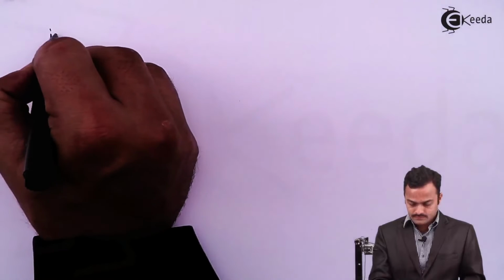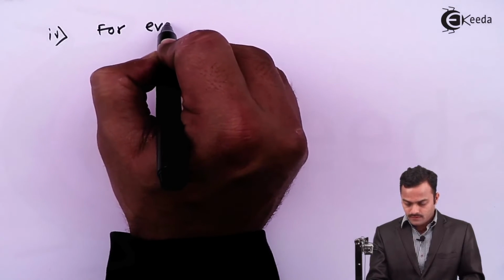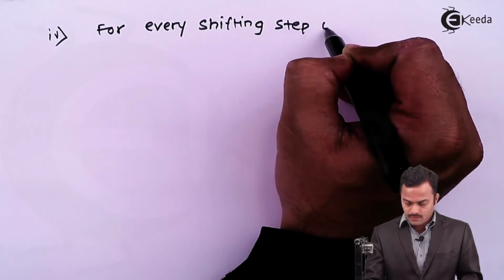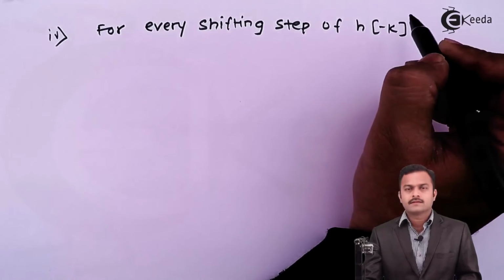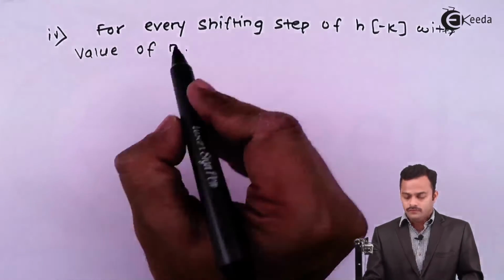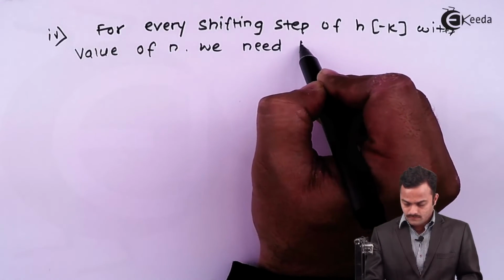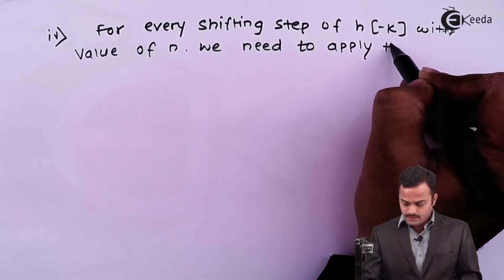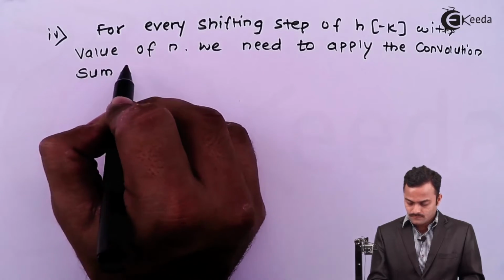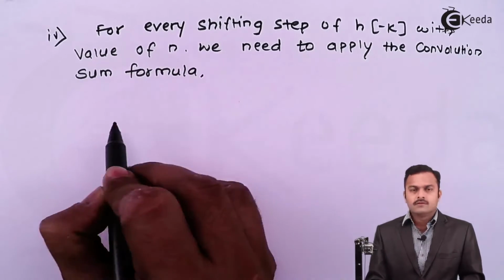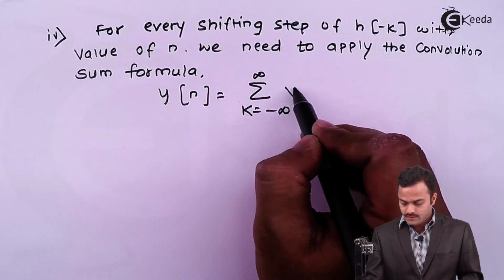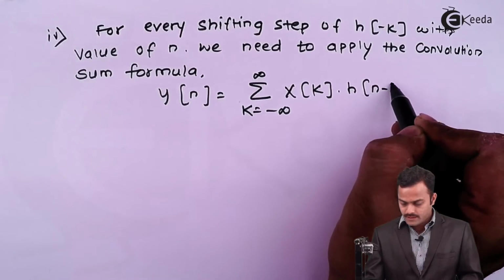So the fourth step is, for every shifting step of h of minus k with a value of n, we need to apply the convolution sum formula, which is y of n equals the summation over k from minus infinity to infinity of x of k h of n minus k.